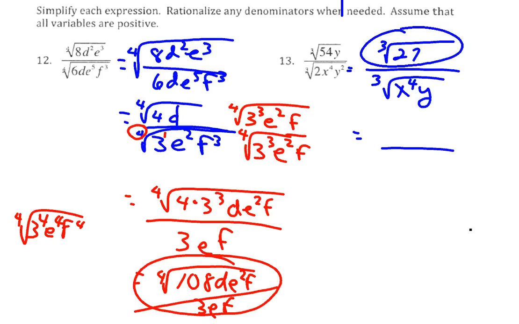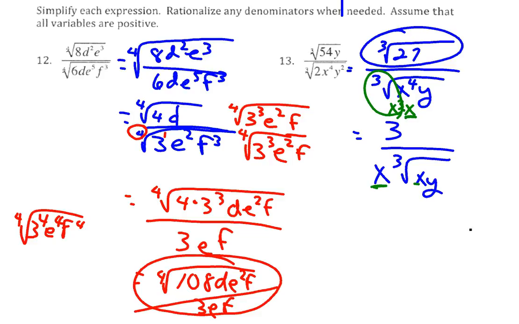First, third root of 27 is 3. And on the bottom, I can take out an x. That's because I can think of x to the 4th as x cubed times x. Right? So that turns into this plain old x, and then there's 1 left behind.